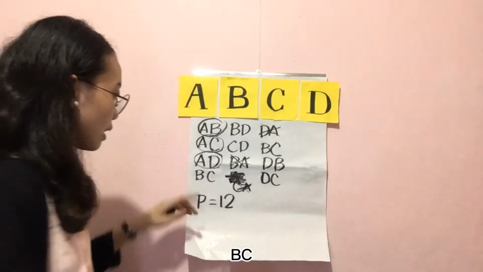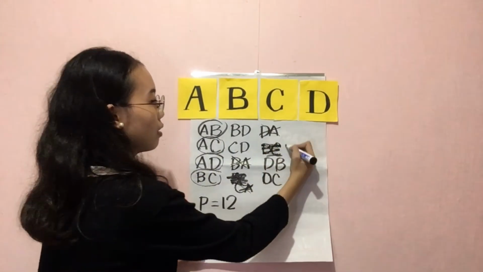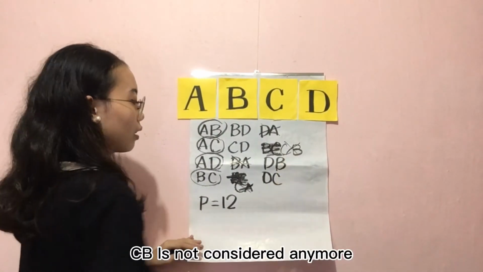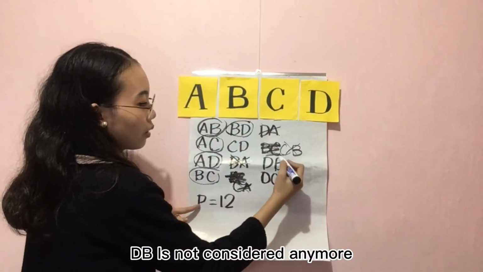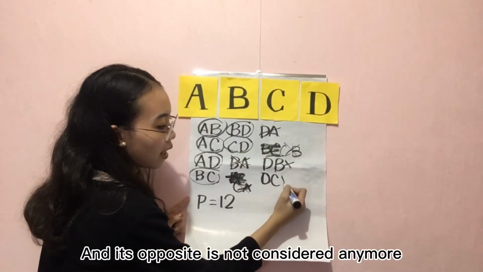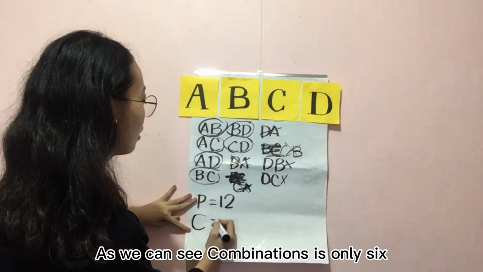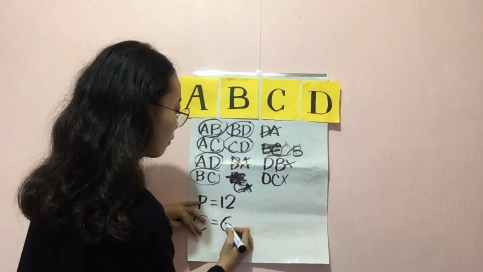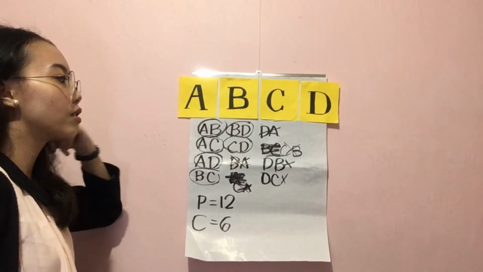And BC, CB is not considered anymore. And BD, and then DB is not considered anymore. And then CD, and its opposite is not considered anymore. So as you can see, combination is only 6. There are only 6 combinations in these values.